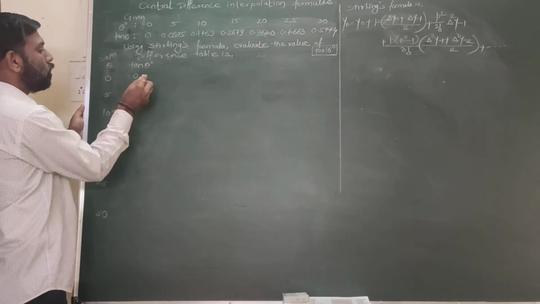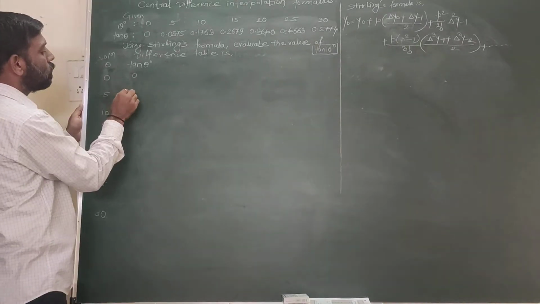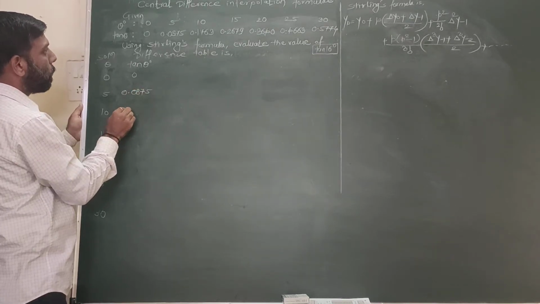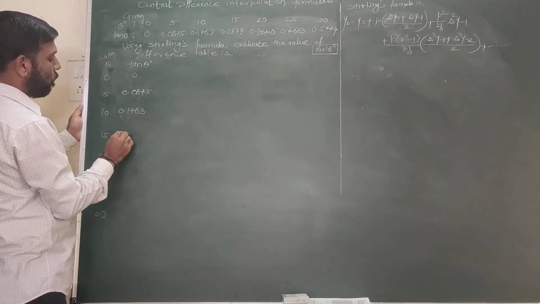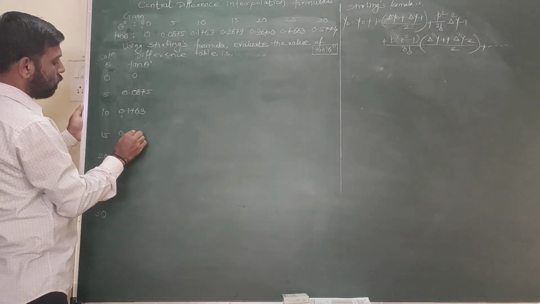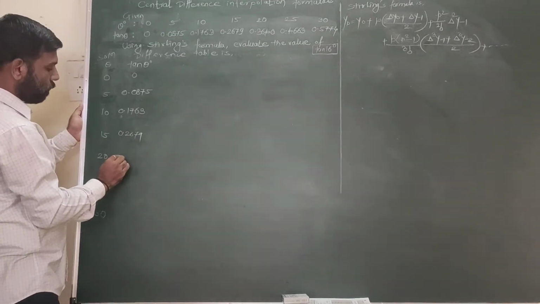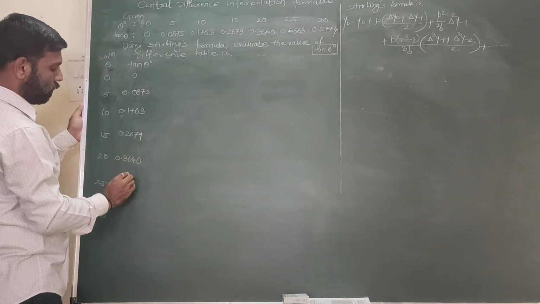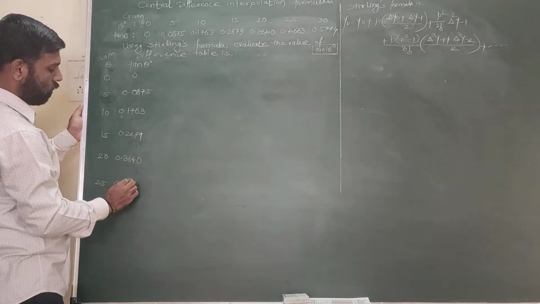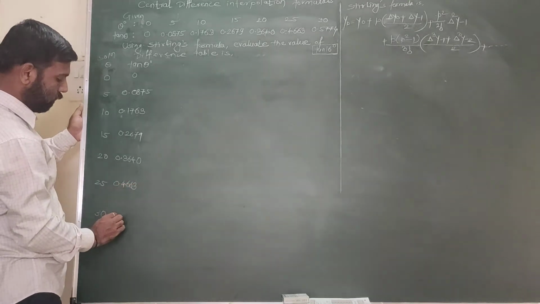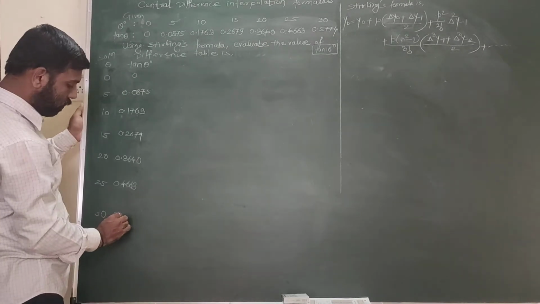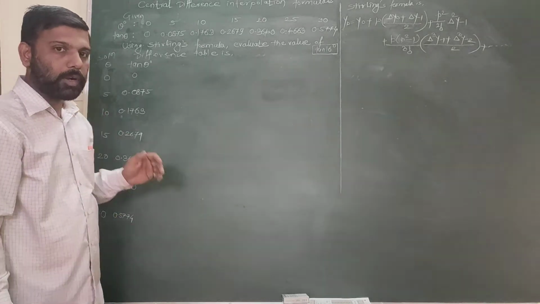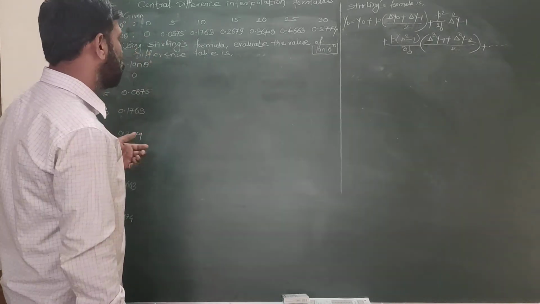Tan of 0 is 0, tan of 5 is 0.0875, then 0.1763, 0.2679, 0.3640, 0.4663, 0.5774. Now the procedure is the same for defining the difference table for calculation.